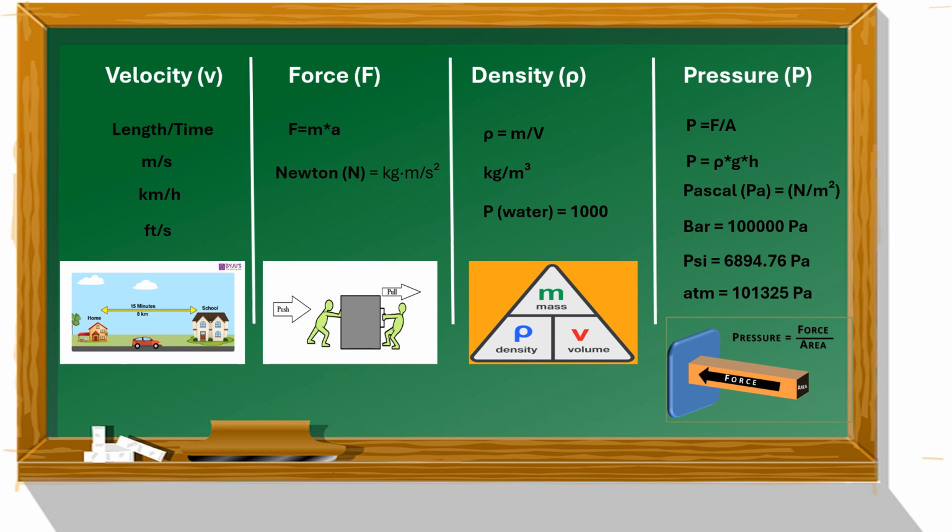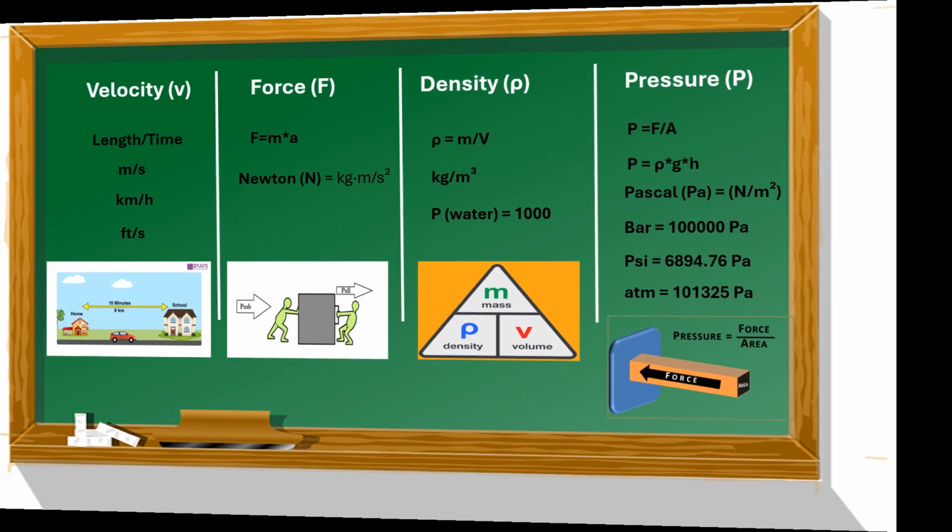Pascal is the SI unit; 1 Pascal equals 1 N per m². Bar, often used in weather reports and engineering. PSI, pounds per square inch, used for tire pressure and hydraulics. Atmospheric pressure, ATM, the air pressure we feel at sea level. No matter where you are, underwater, in the sky, or on land, pressure is always affecting you.